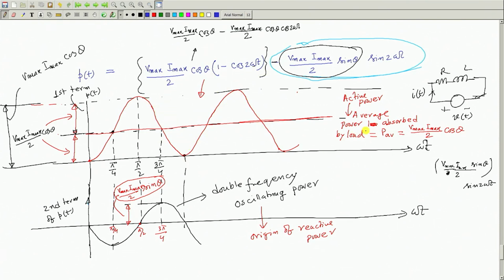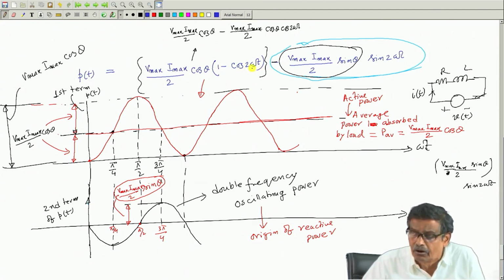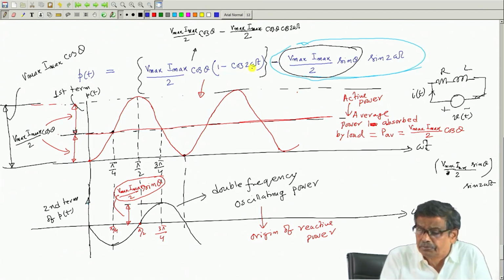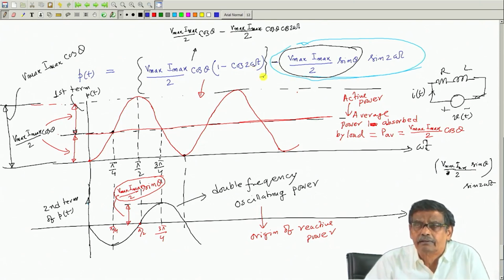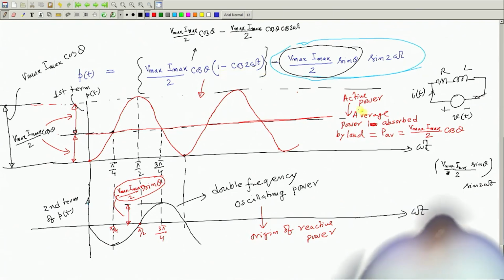So, it will have an average value, and that average value will be V max I max by 2 cos theta, because the average of cos 2 omega t is 0, is it not? If you calculate the average over a cycle, sine and cosine terms have average value 0. So, this is the average value, V max I max by 2 cos theta.